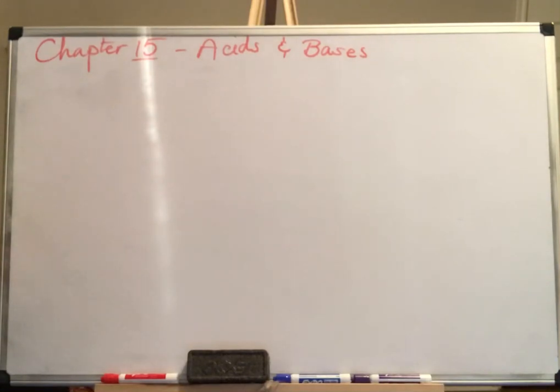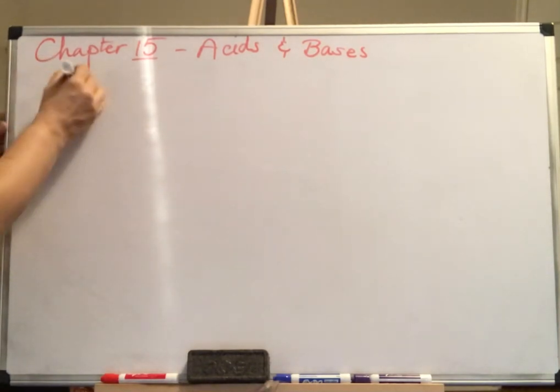Last part of this chapter is about the calculations on acidic and basic properties and questions. Let's start with the self-ionization concept of water.